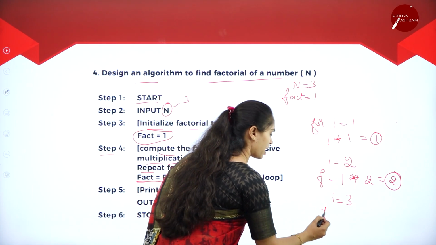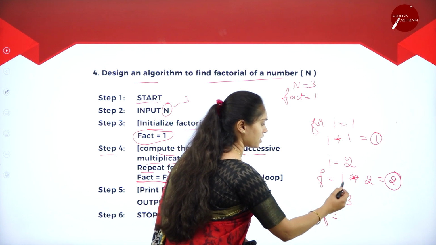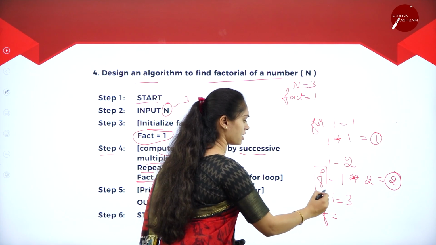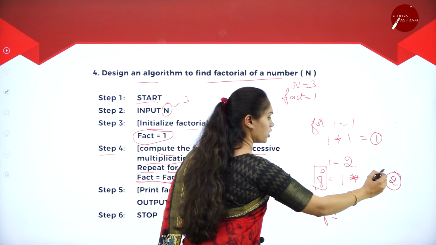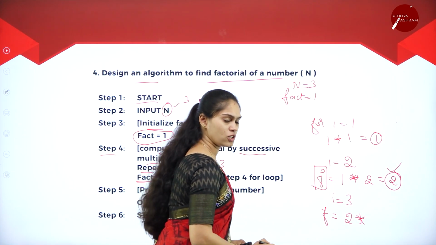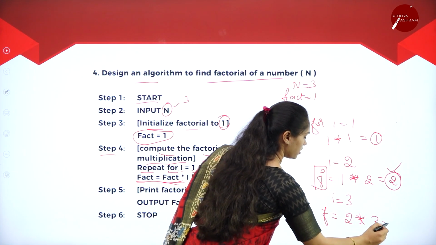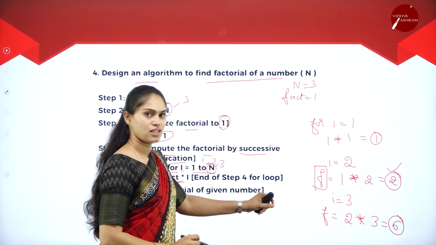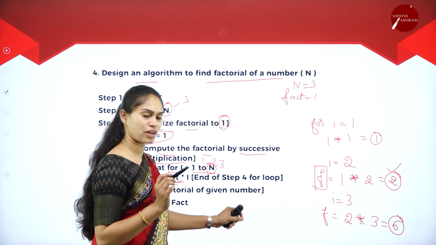So how to find the factorial? Fact into I. What is the fact value right now? Here you have to consider this is fact. The fact value is 2. So 2 into what is the I value? 3. So 3 2s are 6. Then what is the fact value right now?